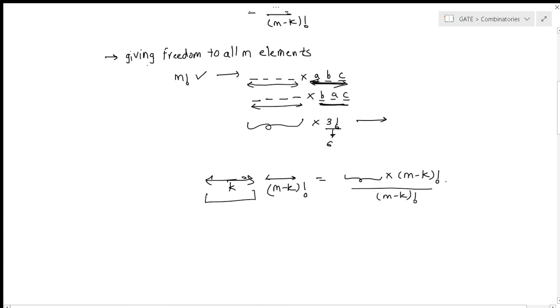So when I am dividing m factorial by m minus k factorial, what it implies is that the combinations where the first part were the same and the m minus k positions were changing arbitrarily, having all the permutations, are reduced to only one combination.